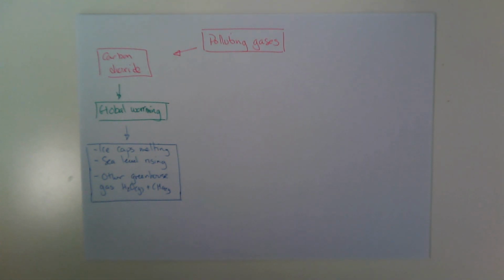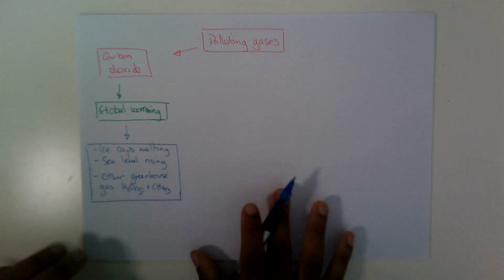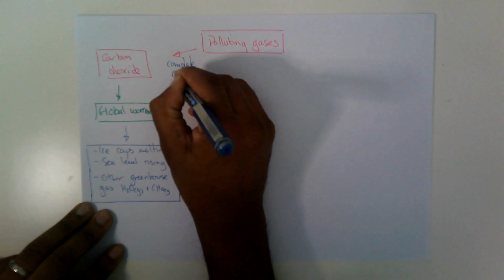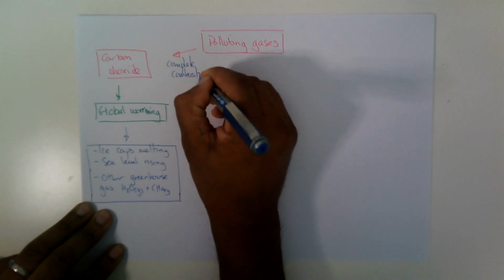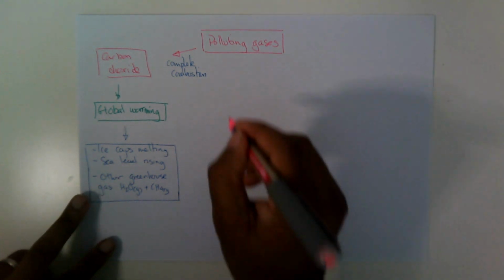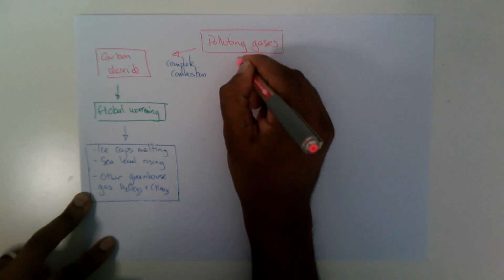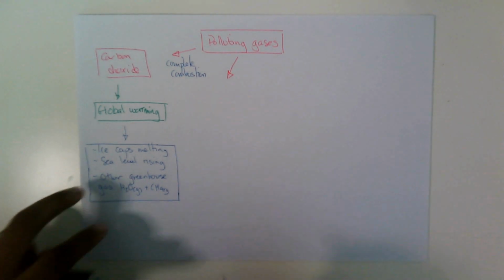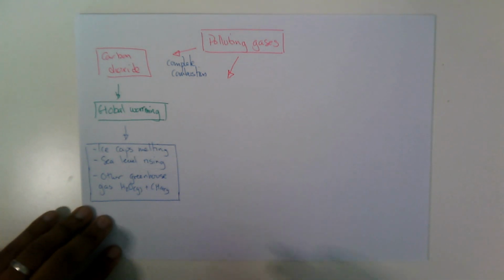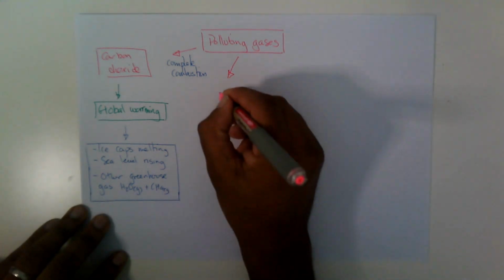Carbon dioxide is a relatively straightforward one. Just be aware that carbon dioxide is made from complete combustion, meaning there was a plentiful supply of oxygen. Talking of supply of oxygen, the one that we should be worried about, if it's happening quite close to us, is the incomplete combustion of a fuel, which produces carbon monoxide.